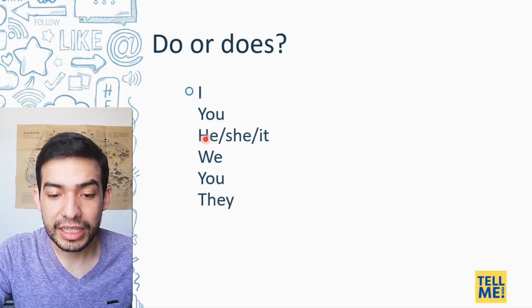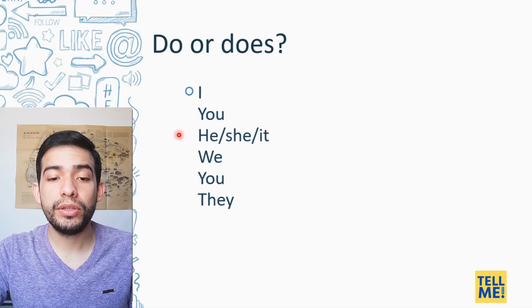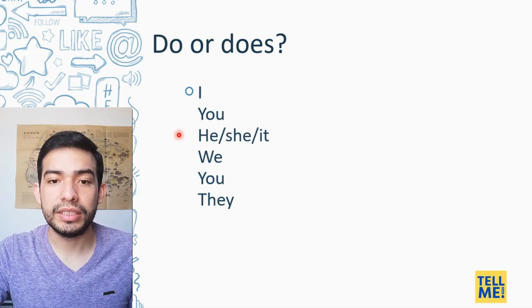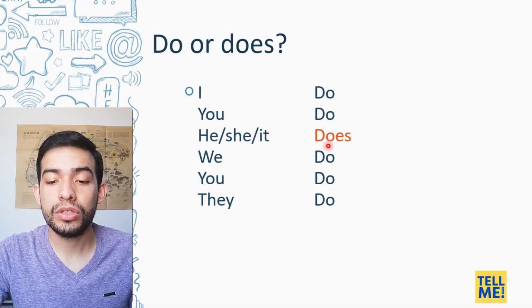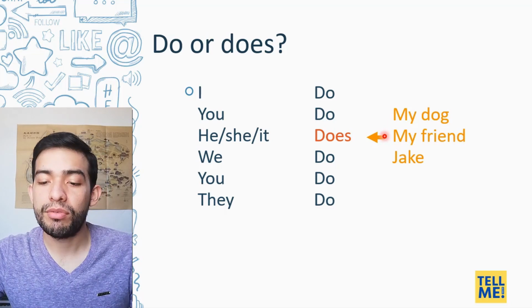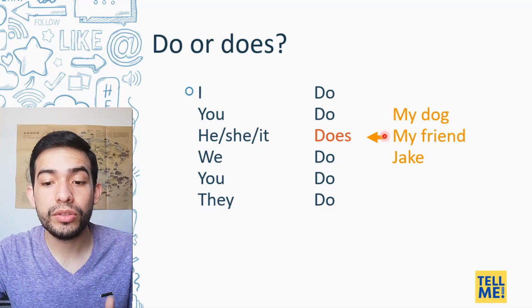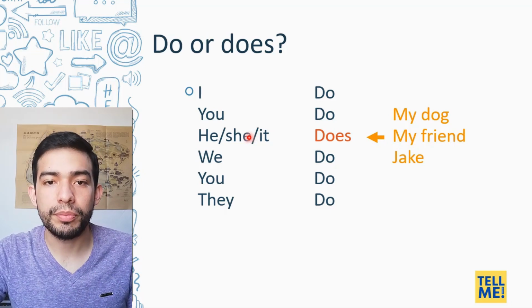So this is he, she, it, right? We will use do with every single one of these, but he, she, it use does. Now, every time we're talking about my dog, my friend, or Jake, we also need to use does because they are also part of he, she, it, the third person.